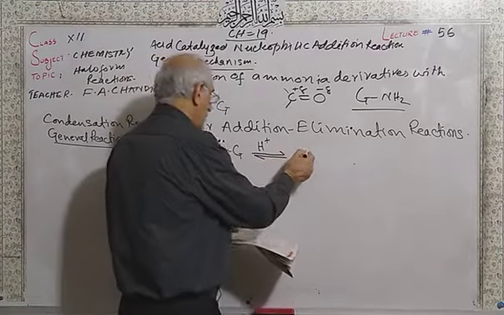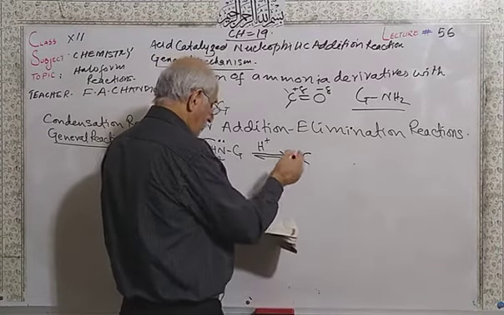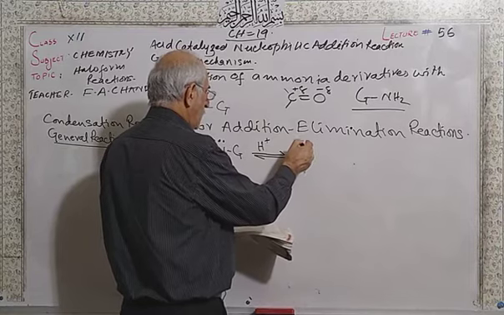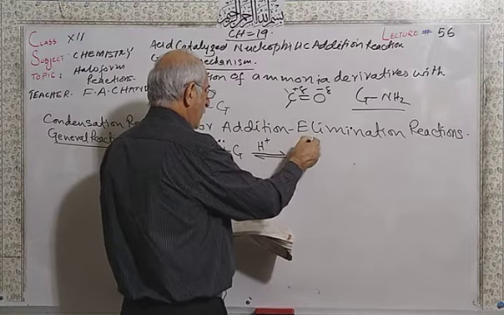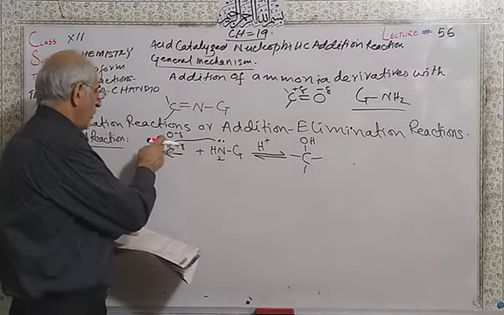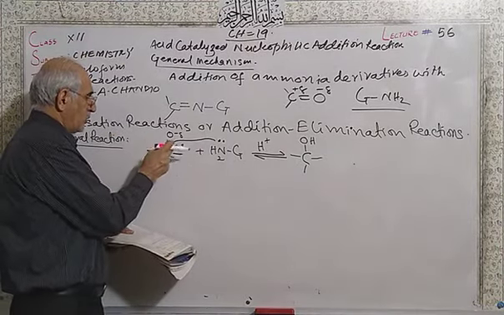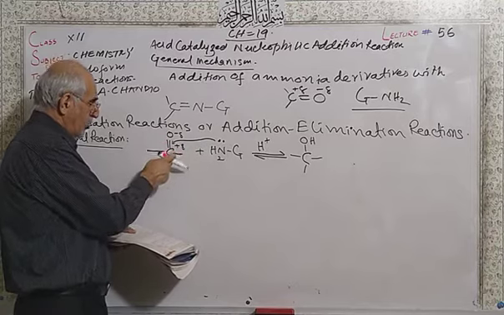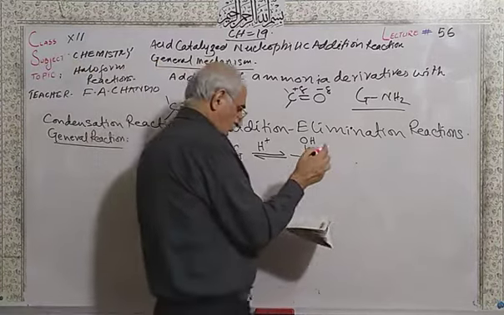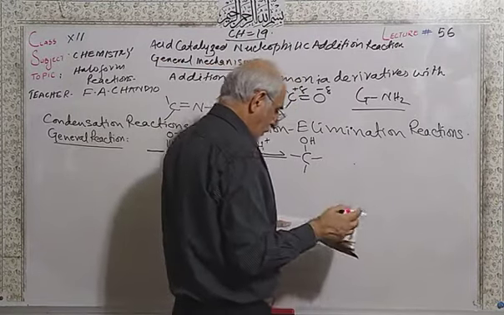So this is the carbon and there is the oxygen. Hydrogen is added to make an OH group. The double bond is removed and this bond is going to be down. There is one hydrogen more with the nitrogen.